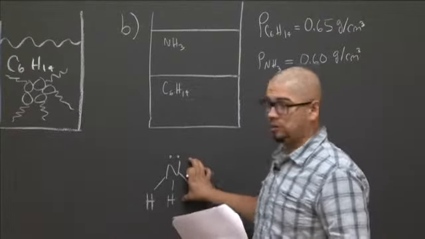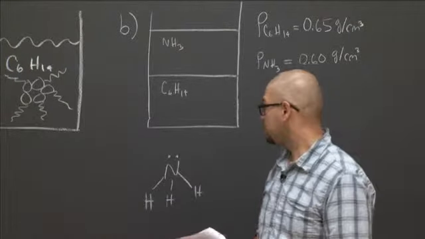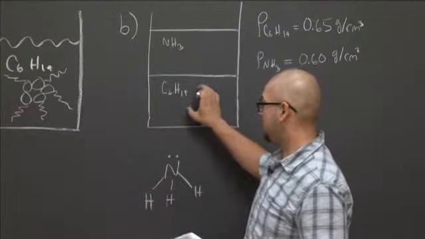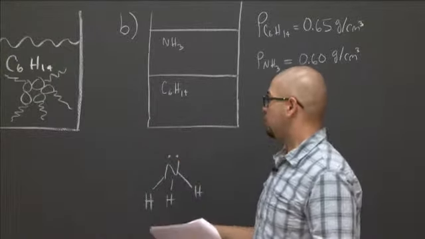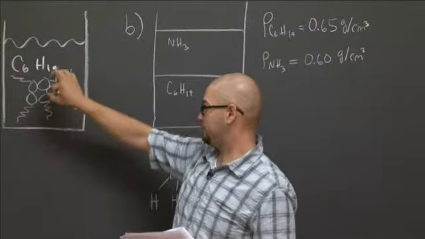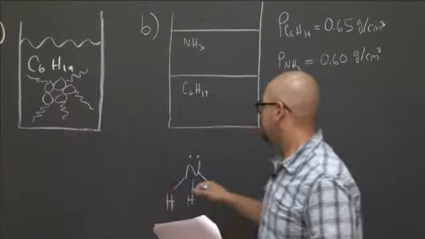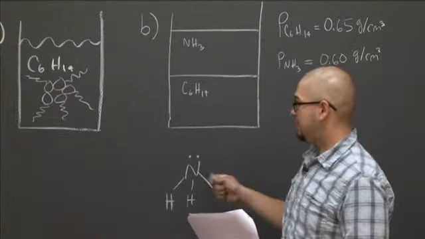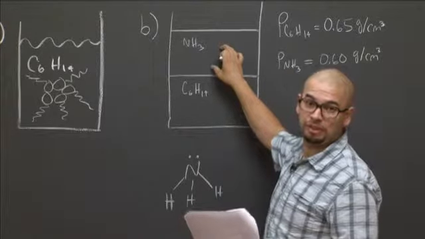The fact that this is polar means that it's going to interact with the polar head of your phospholipid molecule. And since we already know we have hexane plus your phospholipid, if in the absence of ammonia the heads grouped together because that was the only polar component in the mixture, then over here I should expect the heads to rearrange themselves such that they are in contact with the ammonia.